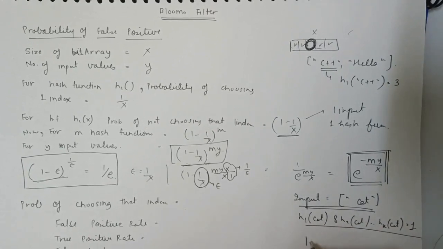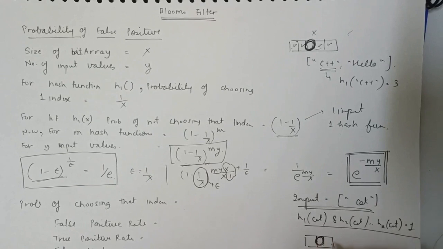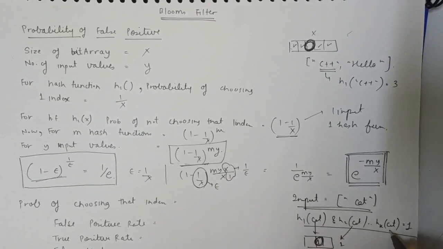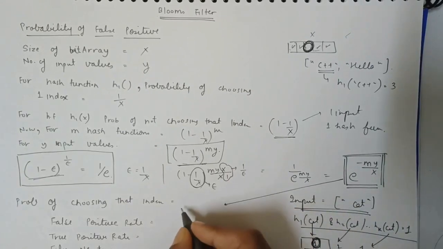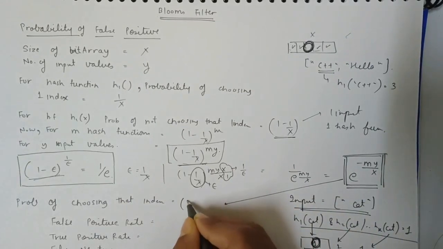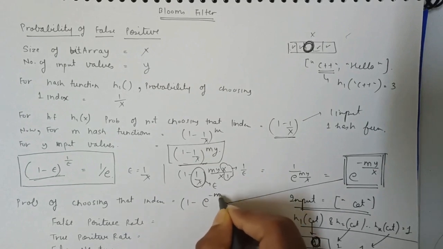For that, if we are choosing any index, suppose this, that would be 1, this also would be 1, and this also would be 1. So what is the probability of having this index as 1? That would be 1 minus e raised to the power minus m y by x.